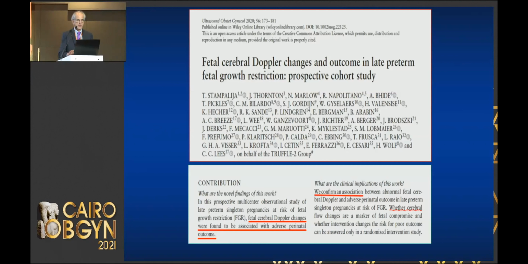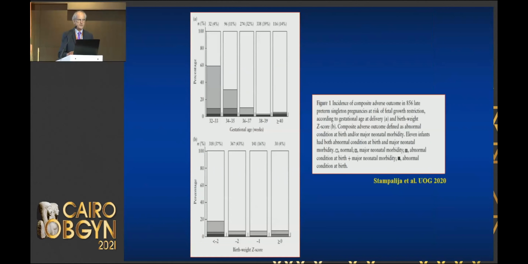And we confirmed this association with this study, but whether cerebral flow changes are a marker of fetal compromise, and whether an intervention changes the risk for poor outcome, can be answered only in a randomized intervention trial.